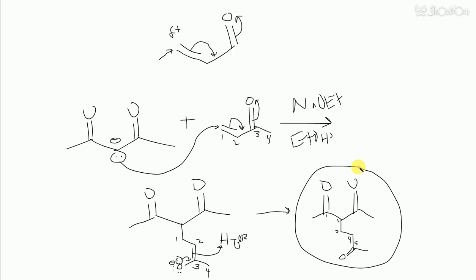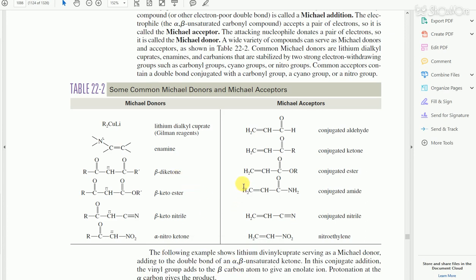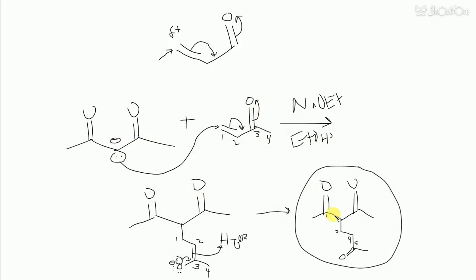So it works the same way with other groups. Only thing to note, I'm going to show the book again. Only thing to note is that if I use in my Michael donor either an ester or a nitrile, I will be able to perform decarboxylation later on, because I have either an ester or a nitrile, and if I introduce H3O+ and 180 degrees, I will be able to remove one of these groups because I have the right dicarbonyl structure.